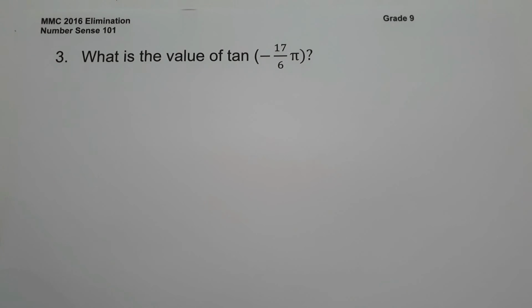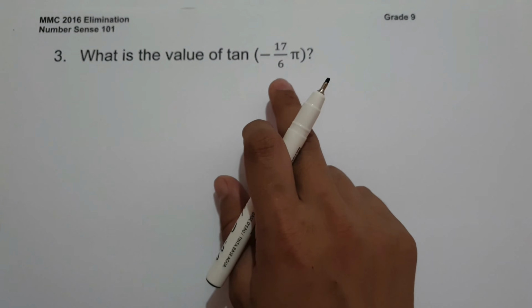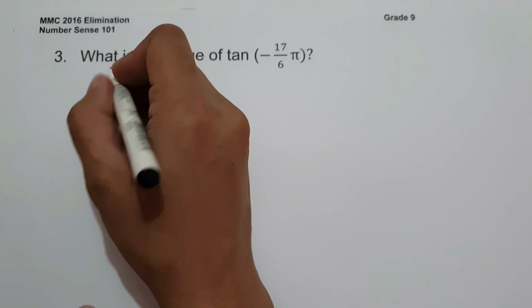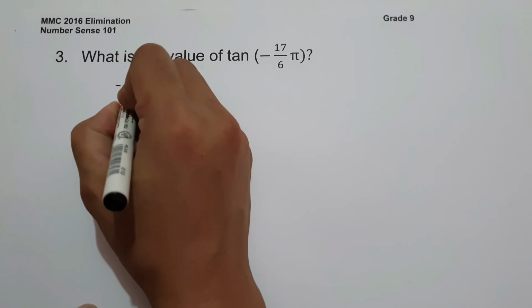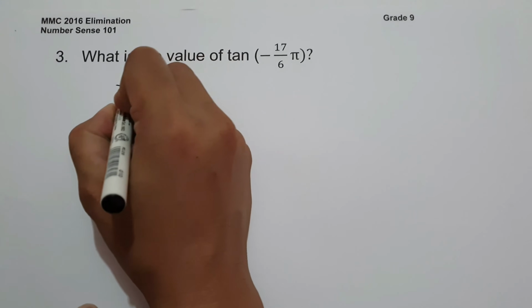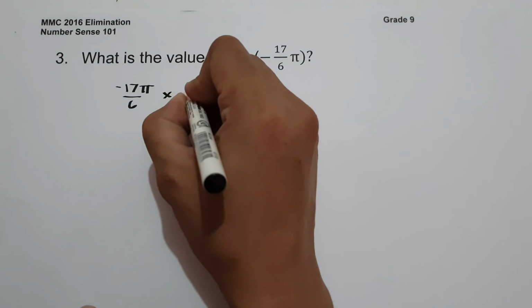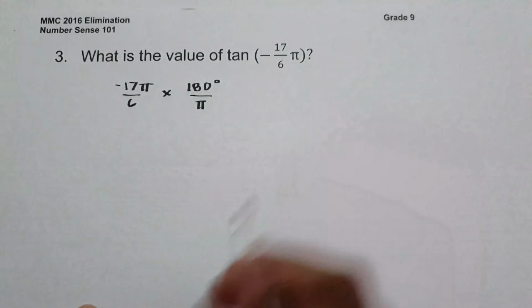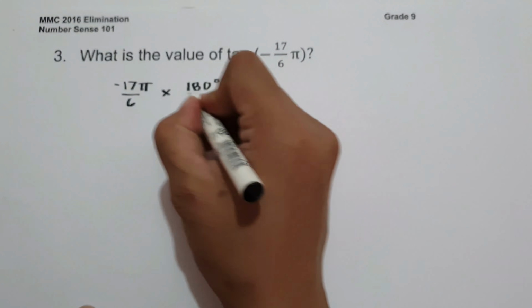On example number 3, what is the value of tangent of negative 17 over 6 radians? So to find the value of tangent, we are going to convert negative 17 over 6 radians into degrees. So we are going to have negative 17 radians over 6 multiplied by 180 degrees over radian. So we are going to cancel this one.